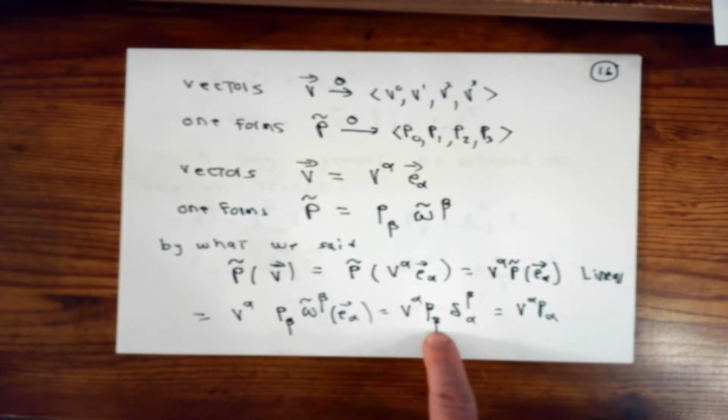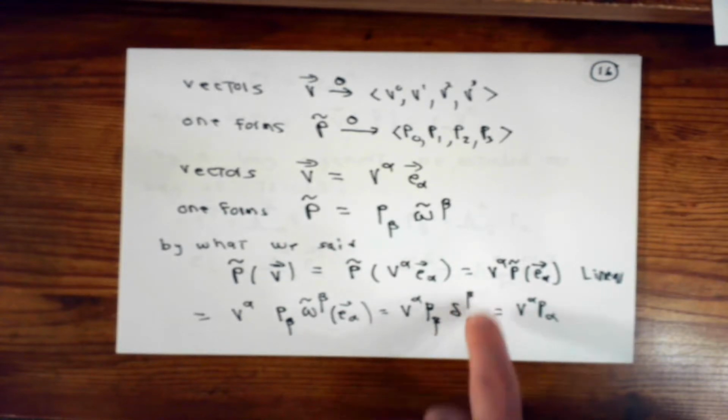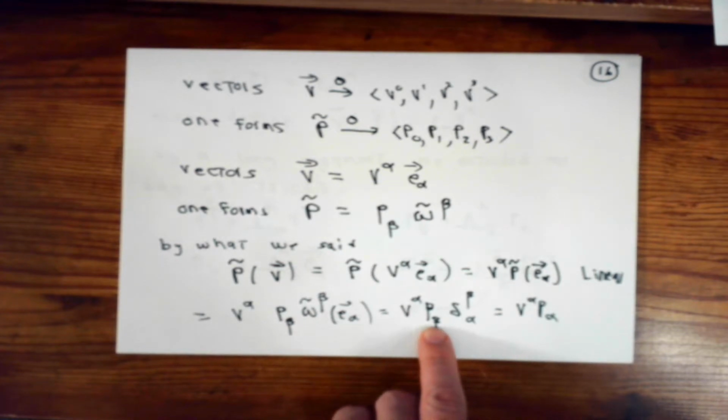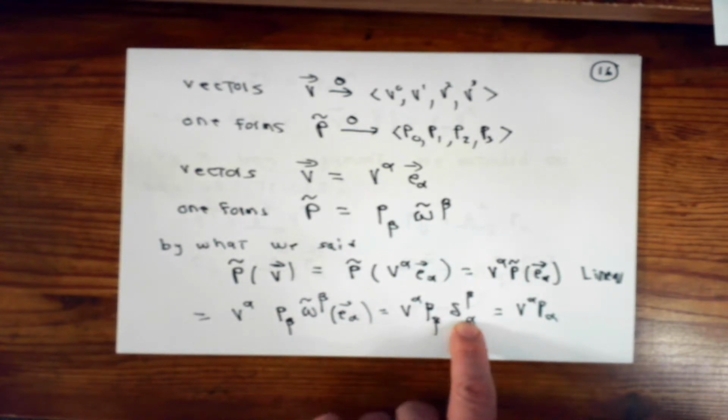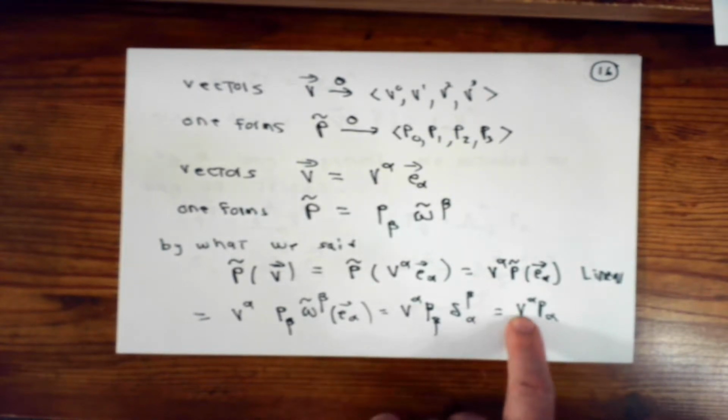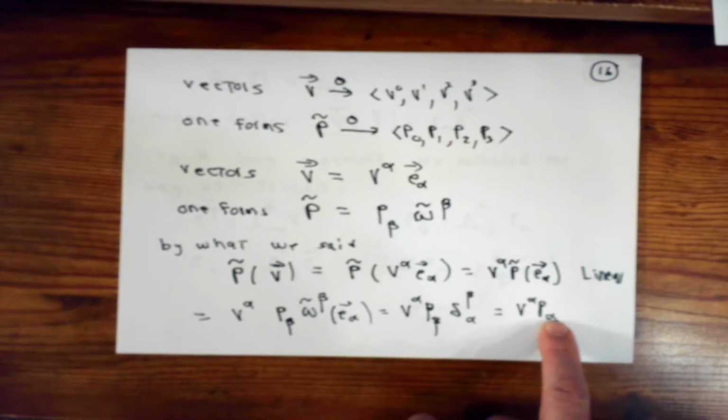I'm doing the sum over beta of P beta times delta beta alpha. The only time that you get something different from 0 is when beta is equal to alpha. You'll have P alpha, Kronecker delta alpha alpha, which is 1. So you'll have V alpha, P alpha times 1.